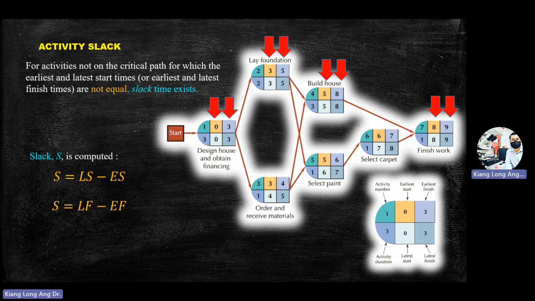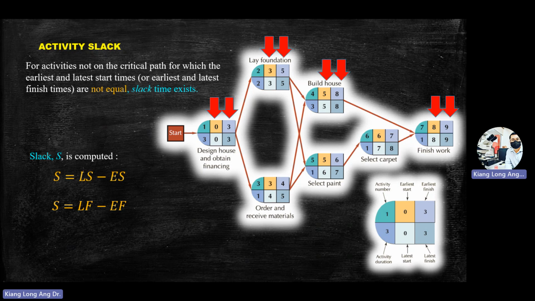So on the critical path, you always get 0 slack time. It means you cannot be lazy on the critical path, because all the numbers you take minus become 0, 0, 0, 0 along the critical path.